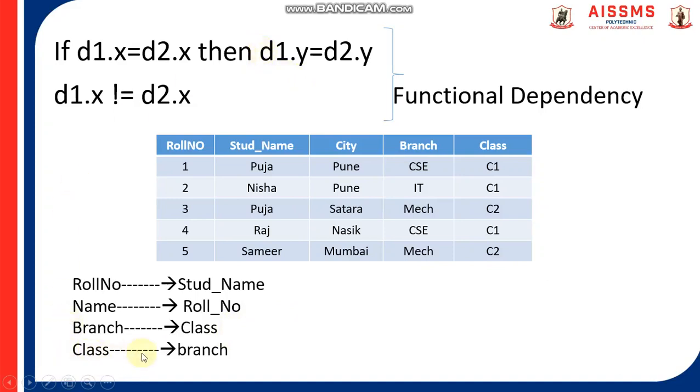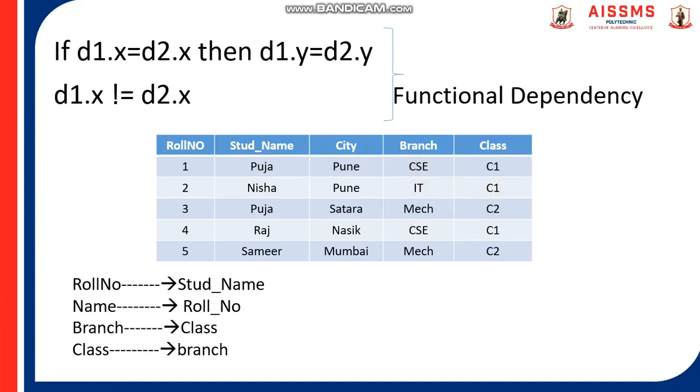Next, fourth is class arrow branch. Class arrow branch means branch depends on the class. So class C1, then C1 is the duplicate value. C1 CSE, C1 CSE, C1 CSE. Okay, C1 CSE, but this C1 is also the value of IT.